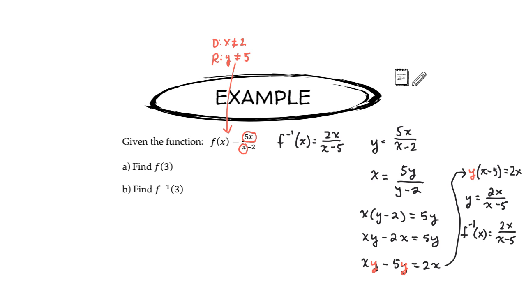And you'll note that when you look at f inverse through the same lens, the domain is x cannot be equal to 5, because when we plug 5 in, we'll get a divide by 0 error in the denominator, and the range is y cannot be equal to 2.